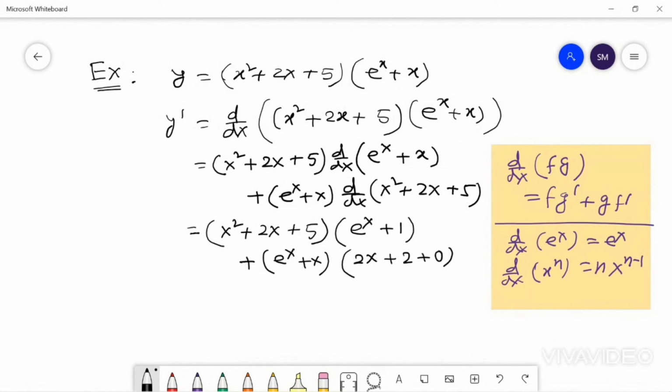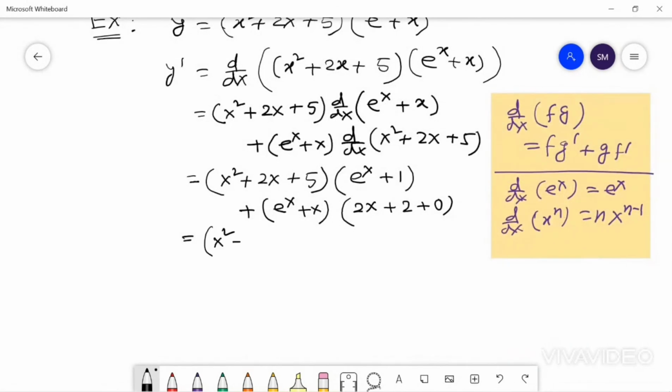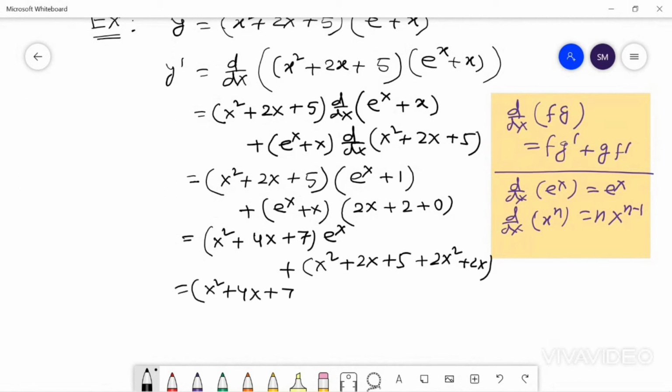Now simplify by multiplying, taking the factor of e^x, as (x² + 4x + 7)e^x + (x² + 2x + 5) plus 2x² + 2x, which upon further simplification gives you the final answer.